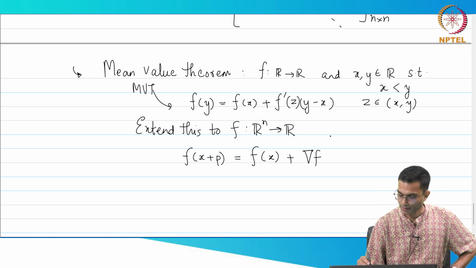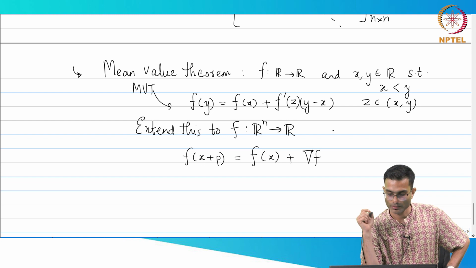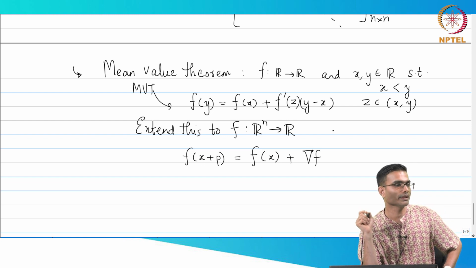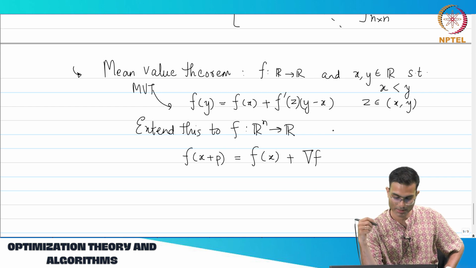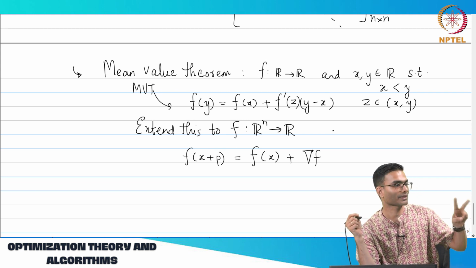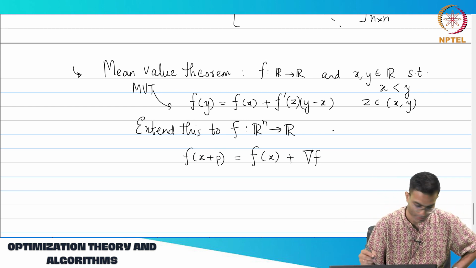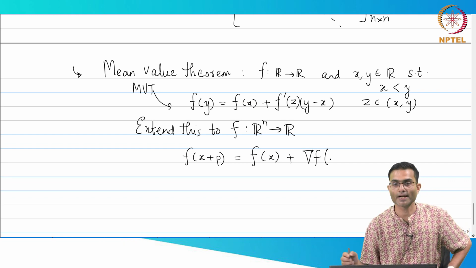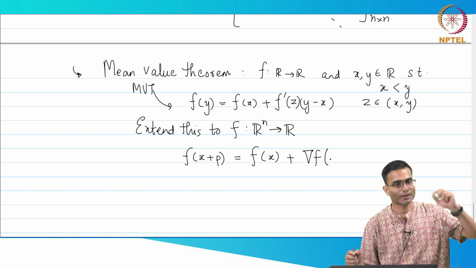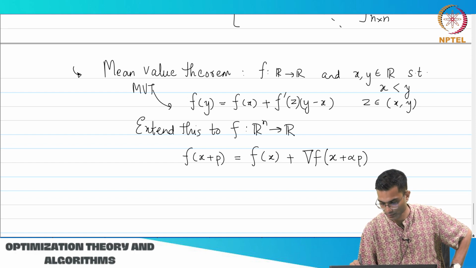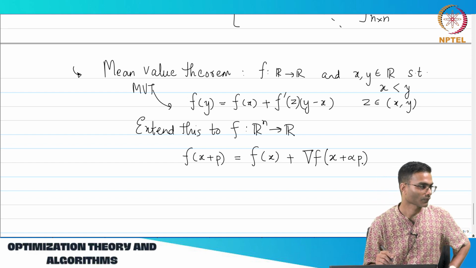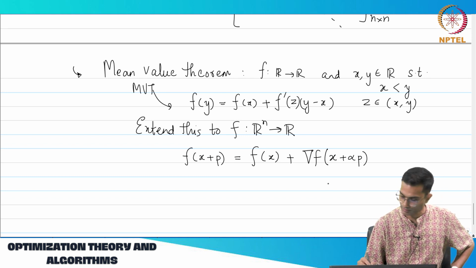And z was some point between x and y, so in this case between x and p. The way to write this intermediate point, again very simple geometry, I will say x plus alpha p. Alpha is a scalar.